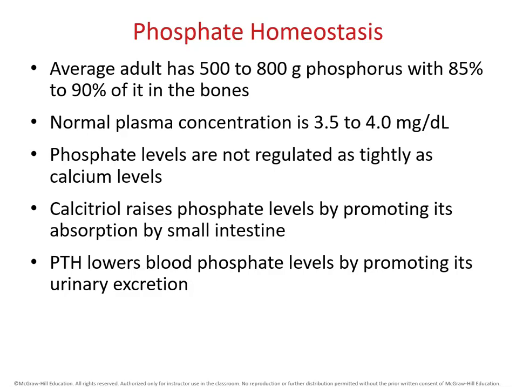Our phosphate levels are not as closely regulated as calcium levels, but we still need to regulate them to some extent. Calcitriol, that's our vitamin D, don't forget that, is able to raise phosphate levels by promoting absorption of phosphate by the small intestine. If we need to lower our blood phosphate, we're going to be secreting parathyroid hormone to do that.